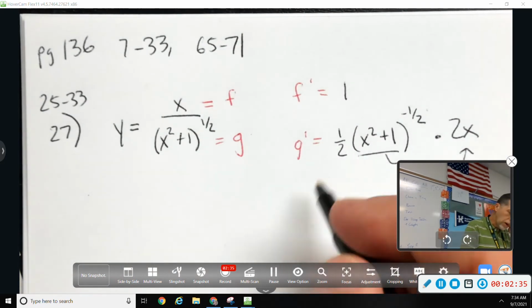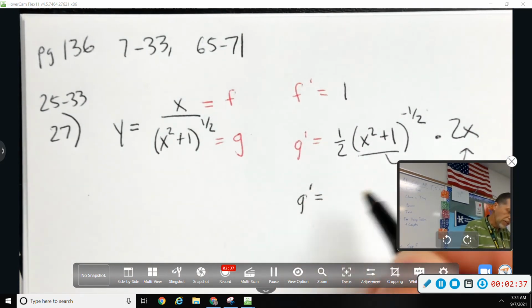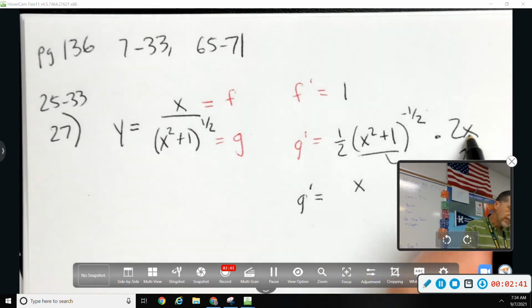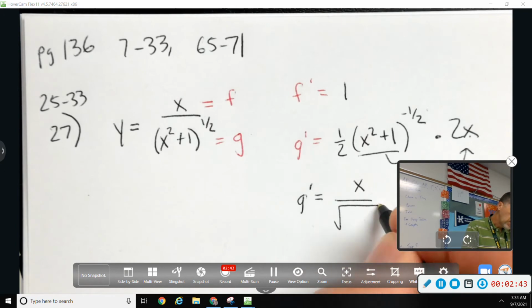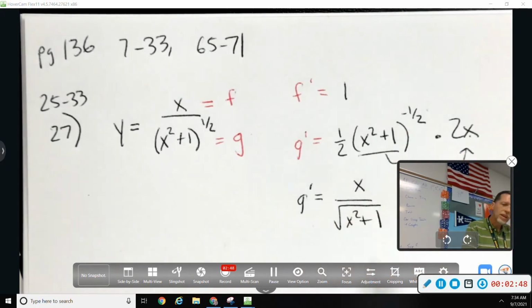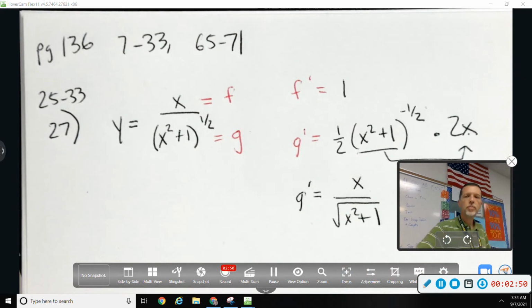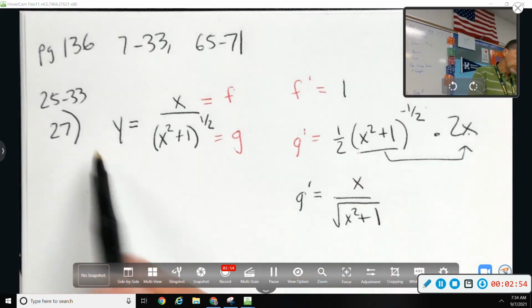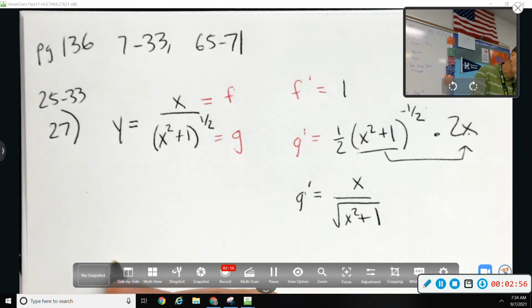I guess we should probably clean up G prime before we go further. The 2's will cancel. The x is left in top. Square root of x squared plus 1 is in the bottom. And now, big picture, we were doing a quotient rule, so we got to put all these together.